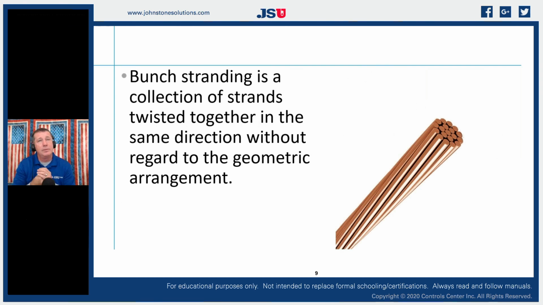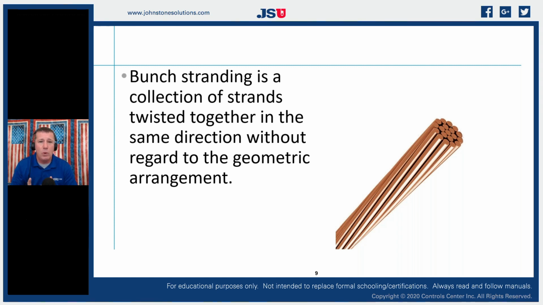And then when we are using stranded wire, there are actually different ways that we construct the stranded wire for the application that we're using it with, because sometimes we need it to be more flexible. Sometimes we need it to be able to carry a larger load. Sometimes we need it to have a strong tension so that if it is under a lot of pull, under a lot of stress, it has the ability to still maintain its integrity without physically stretching the conductor.